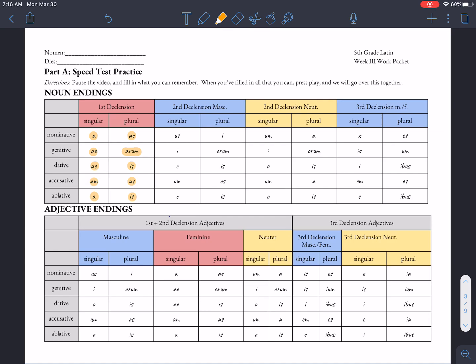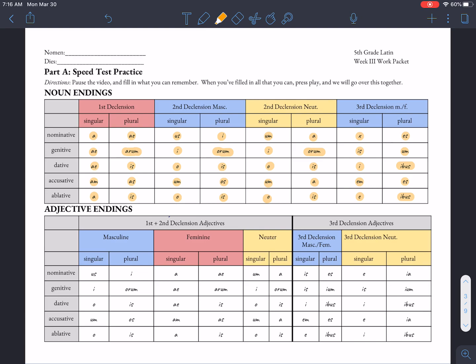Now we're on to number 2. US, I, O, UM, O, I, ORUM, IS, OS, IS. UM, I, O, UM, O, A, ORUM, IS, A, IS. That's the neuter second declension. Now the third declension. X, IS, I, EM, E, ES, UM, IBUS, ES, IBUS. Third declension endings.